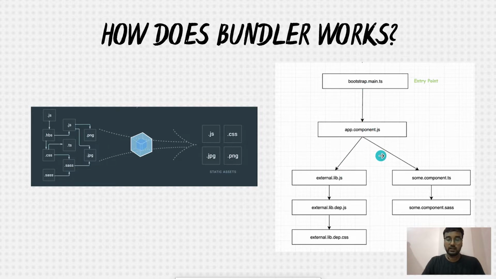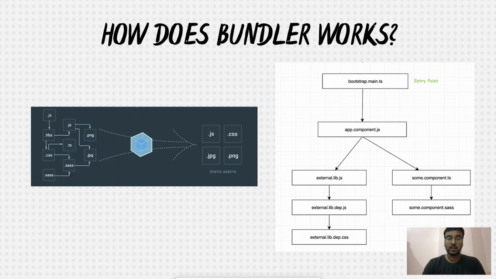Then similarly, it creates a dependency graph on the imports that have been made in app.component.js, and so on. So it helps us avoid the multiple import statements that we write, as well as manage them so that any occurrences done wrongly can be corrected as well.